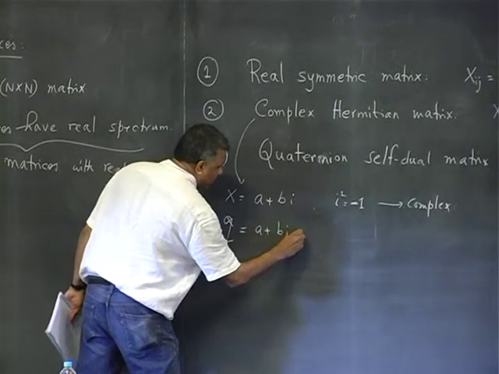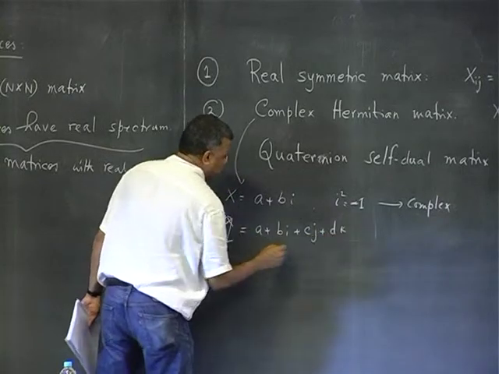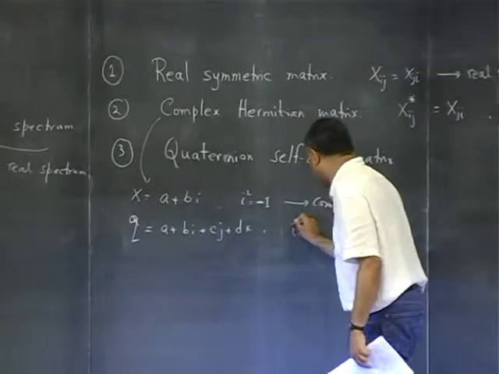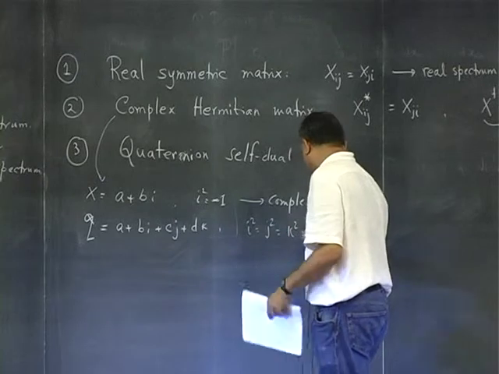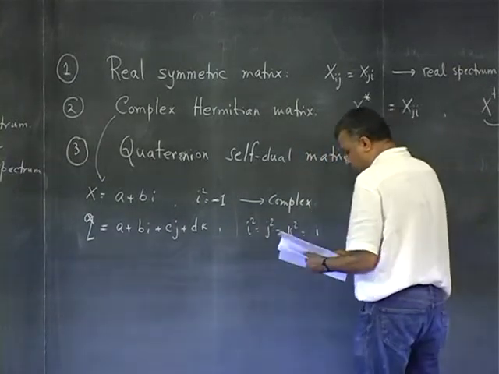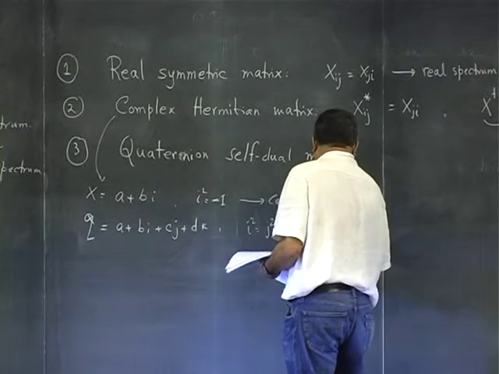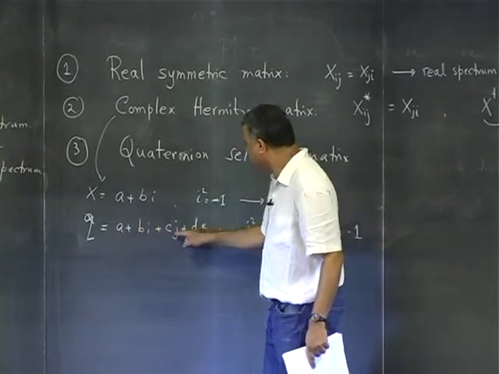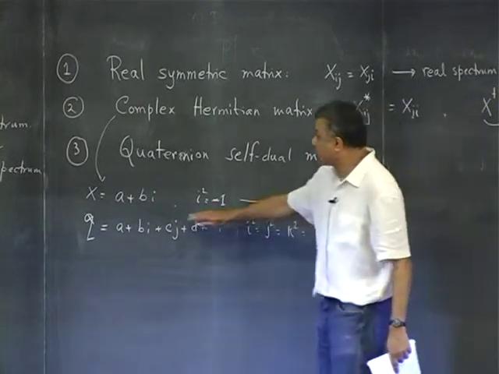So you write them like this, where i, j, k are objects which satisfy this algebra. I always forget this. So this is the algebra, it's a base of 4, and i, j, k just satisfy this algebra. So this is a generalization of complex numbers.